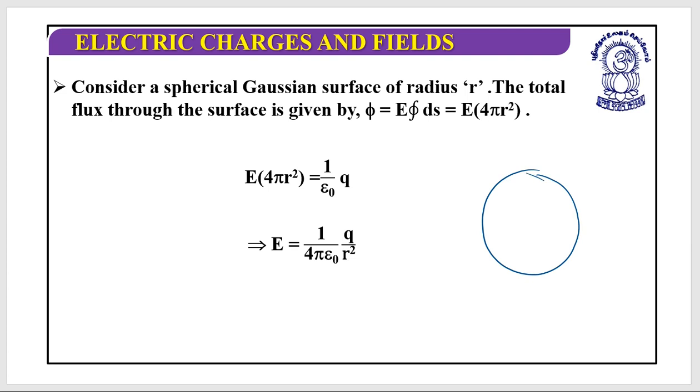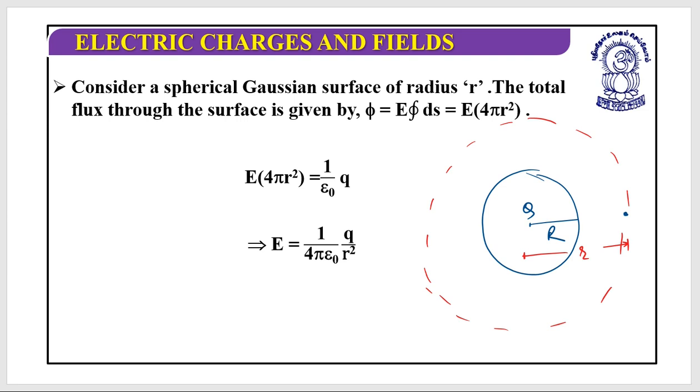Let's say this is the sphere, radius R, charge Q. I require the electric field at this point, at distance r from the center. You need to create a Gaussian surface, and you need to enclose that point at which you require the electric field.